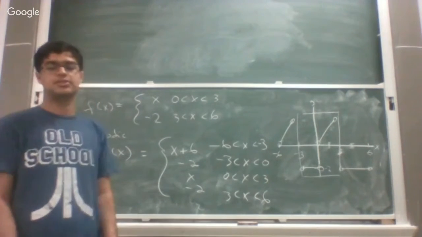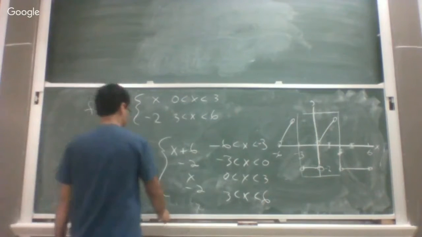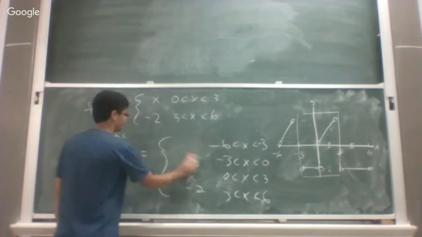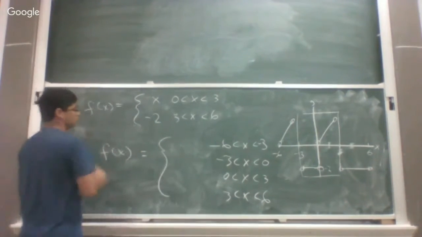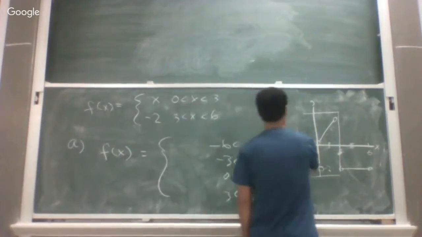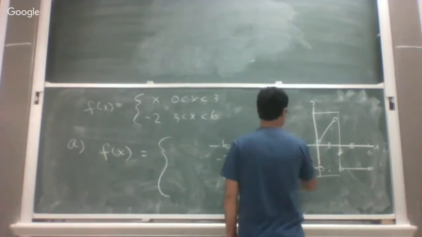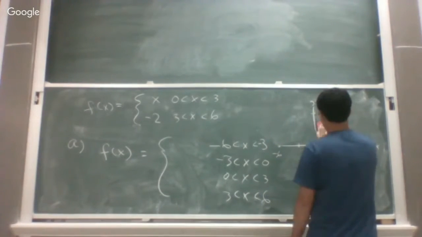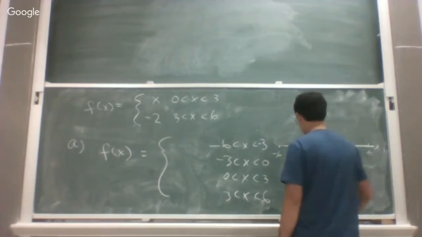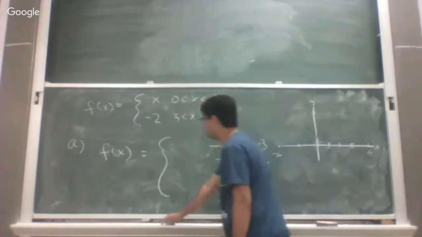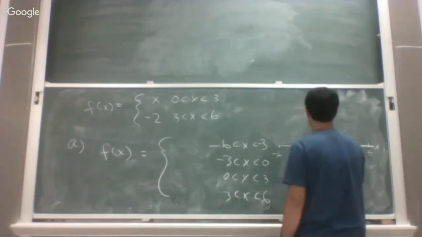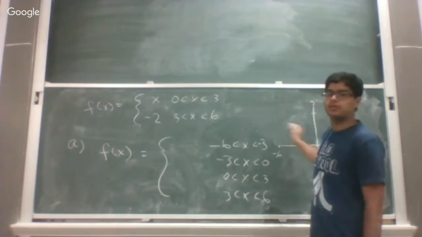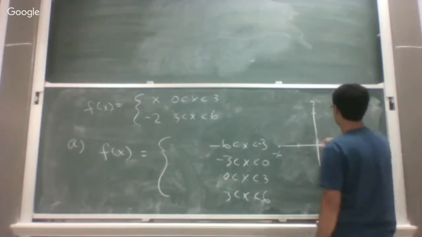So the next one, they tell us it's odd. So we still draw the first top with this going on the right side from 0 to 3.